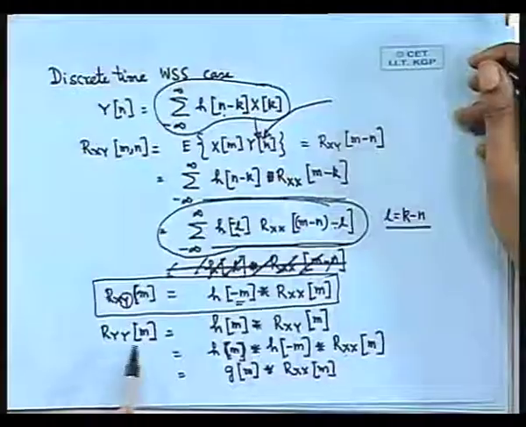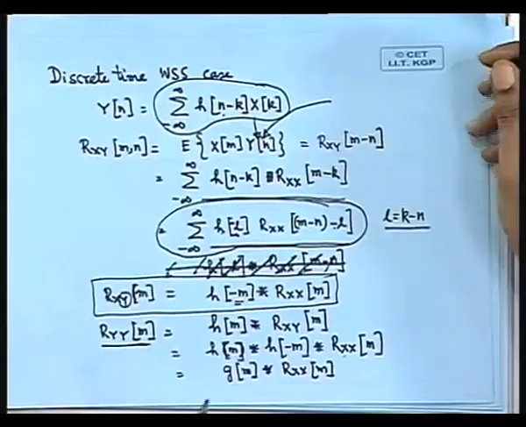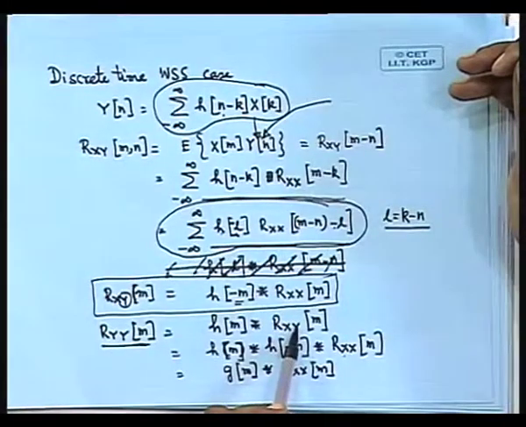Now, why this minus m? Here there is no minus m. This minus m appears because I have transformed the second quantity. If I had transformed Ryx, I would have got h of m here. Now finally we are interested in Ryy, that is the autocorrelation properties of the output. As I said, if you transform the second argument, you get minus m.